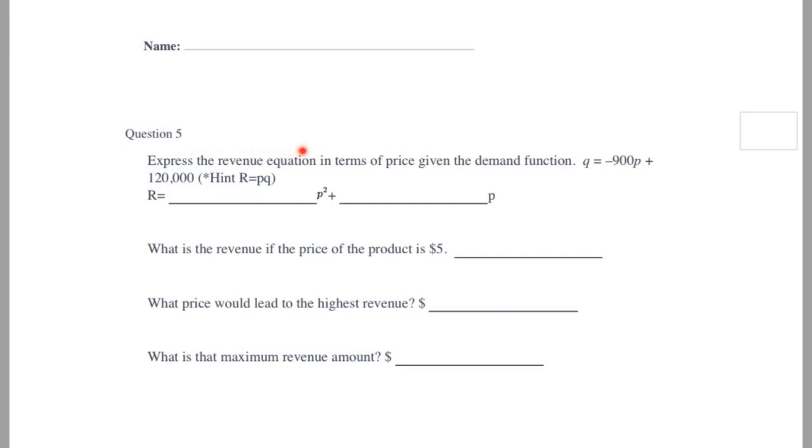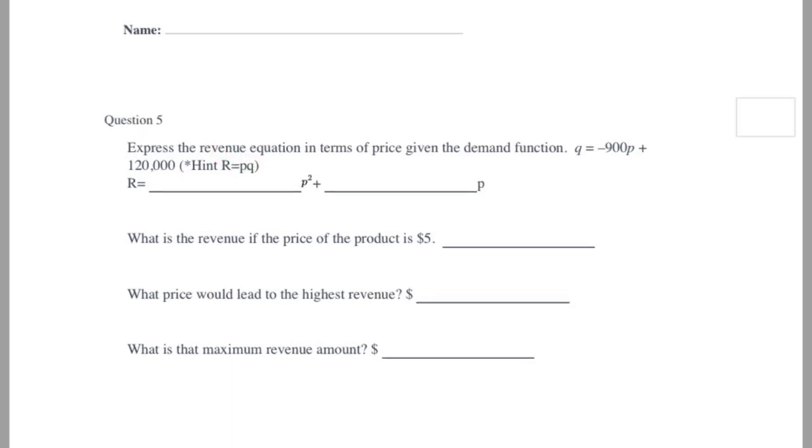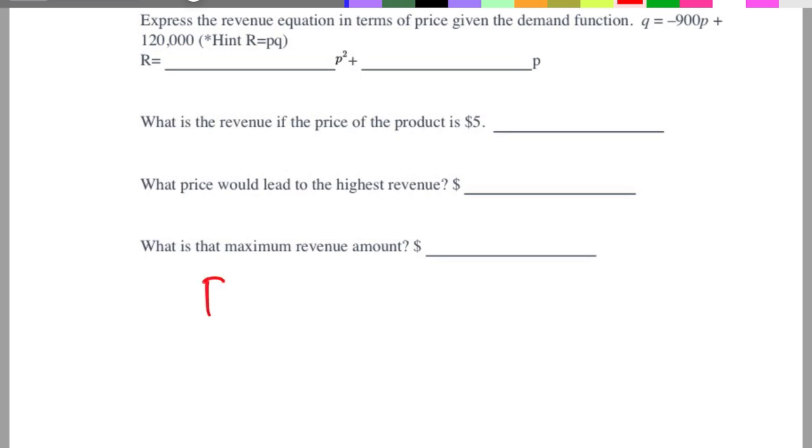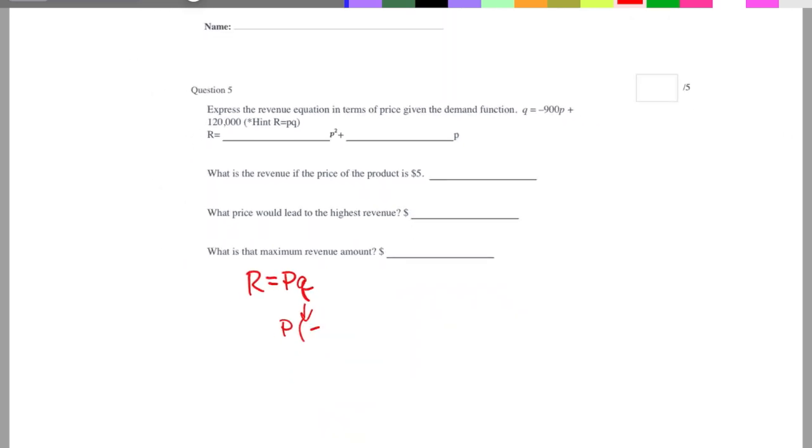Express the revenue equation in terms of price, given the demand function is Q equals negative 900P plus 120,000. Hint, R equals P times Q. So because R equals P times Q, we plug in Q, and we end up with negative 900P plus 120,000.